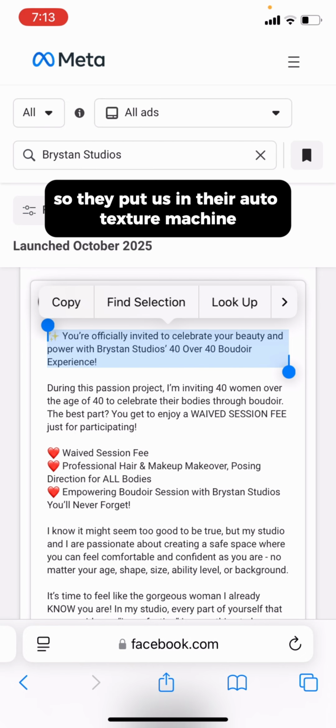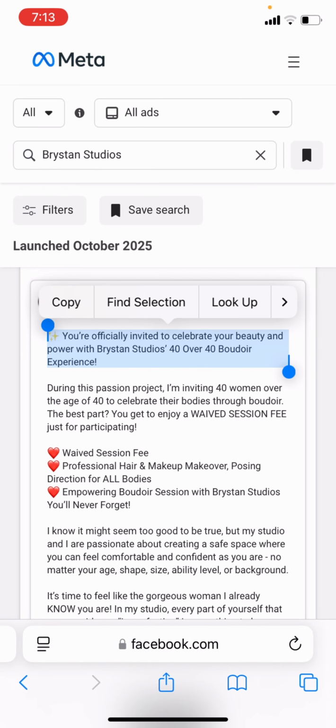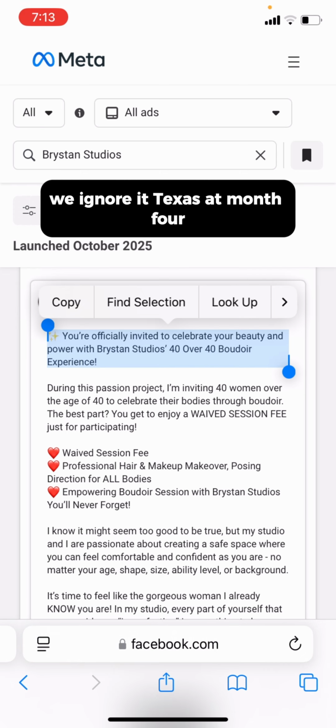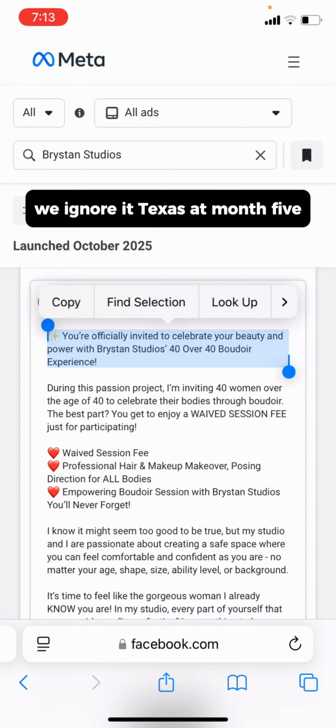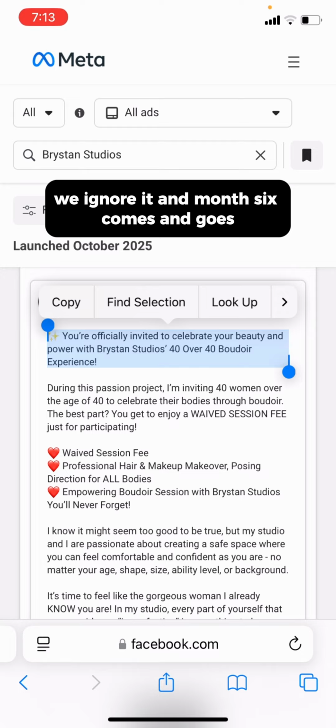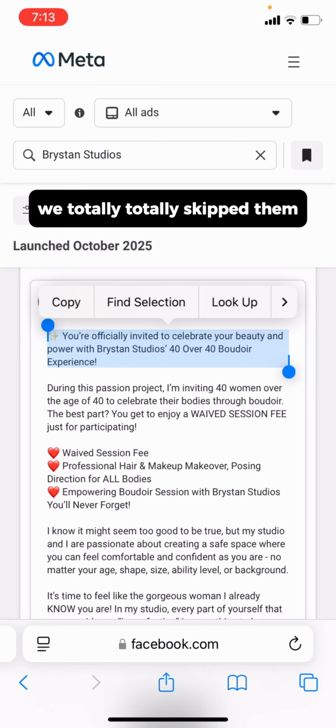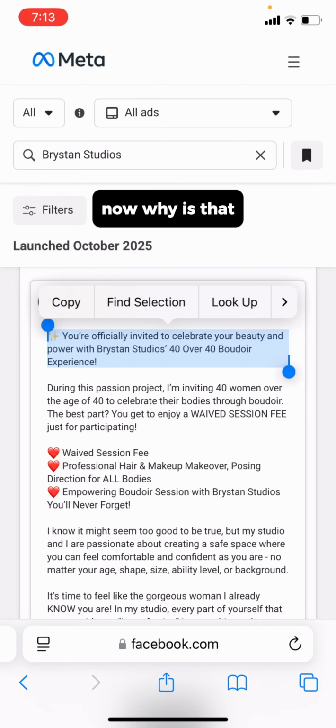So they put us in their auto texter machine. Text us at month 3, we ignore it. Month 4, we ignore it. Month 5, we ignore it. And month 6 comes and goes. We did not book with the dentist. We didn't put them in our calendar. We didn't go to the dentist. We totally skipped them. Now, why is that?